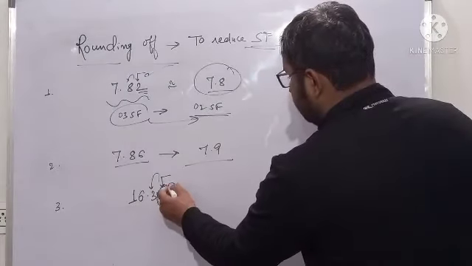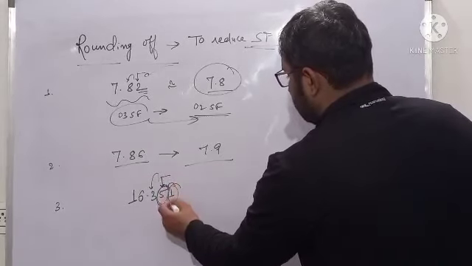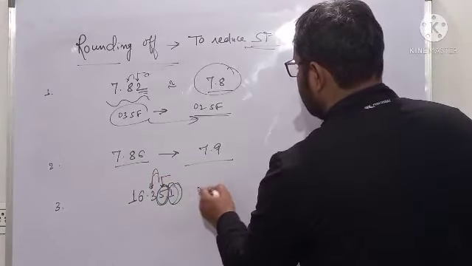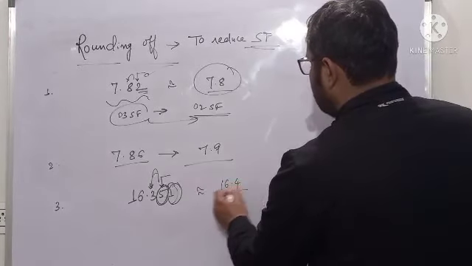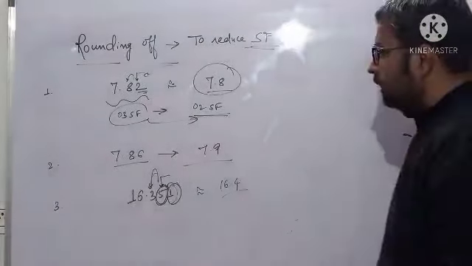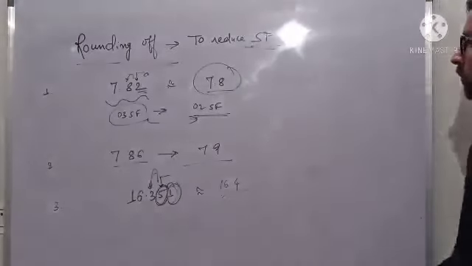So the digit which I have to drop is 5. It is followed by a non-zero number. Then this will be increased by 1, and this will become 16.4. This is my rule number 3.